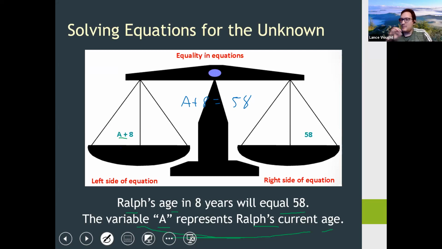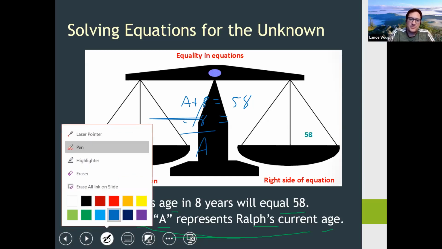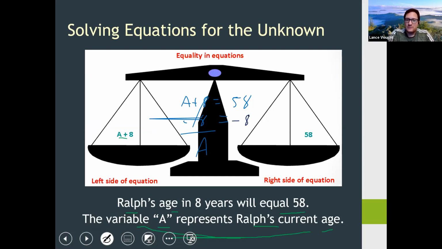So how do you get A by itself? Well, you need to get this 8 out of here. So you get rid of the 8, and then you're left with A. But in order for this to stay balanced, you need to subtract 8 from the other side as well. And when you do that, you're left with 50. So the answer to how old Ralph is, is 50 years old right now, because we solved for A.